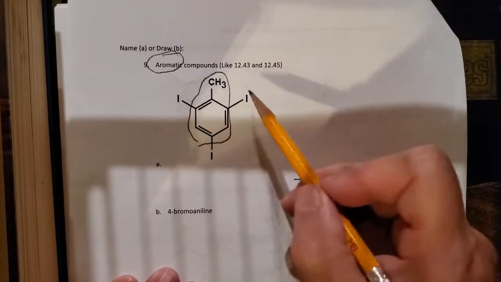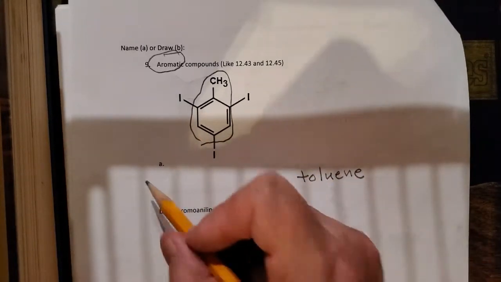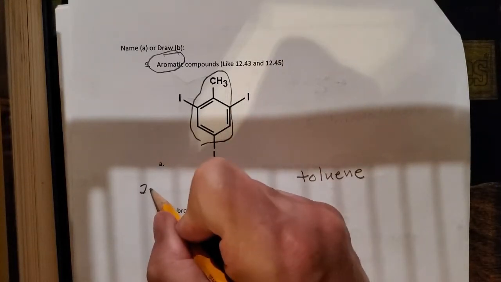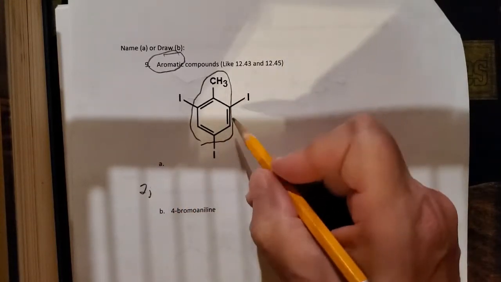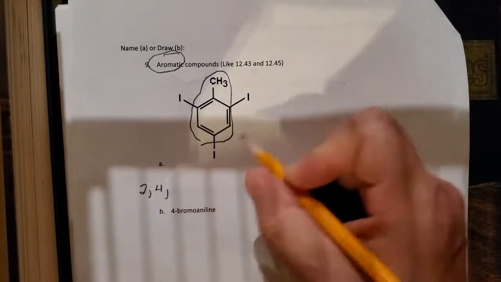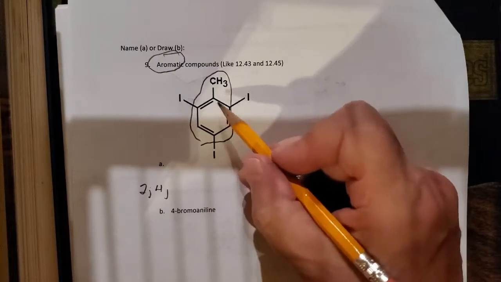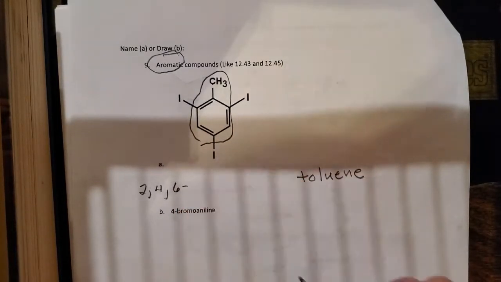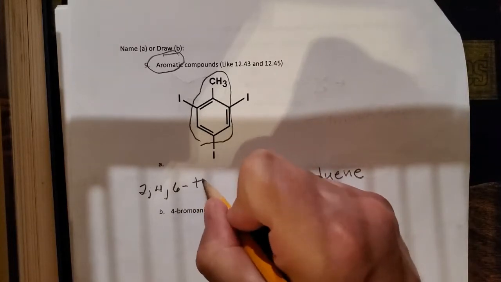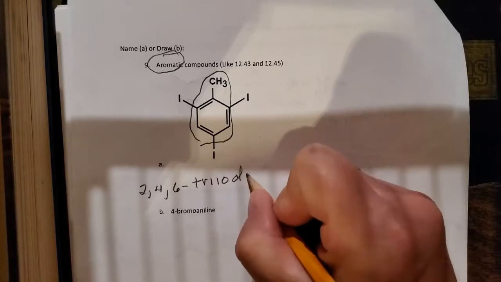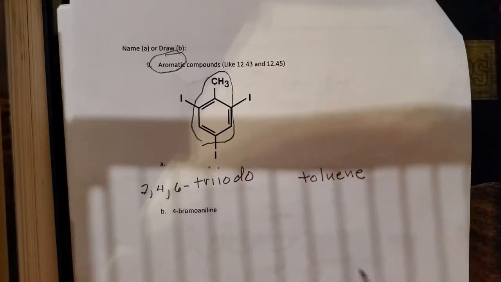And it's got 1, 2, 3 iodos. So it's got an iodo at position 2, and one at position 1, 2, 3, 4, and one at position 1, 2, 3, 4, 5, 6. There are 3 of them, so it's triiodotoluene.